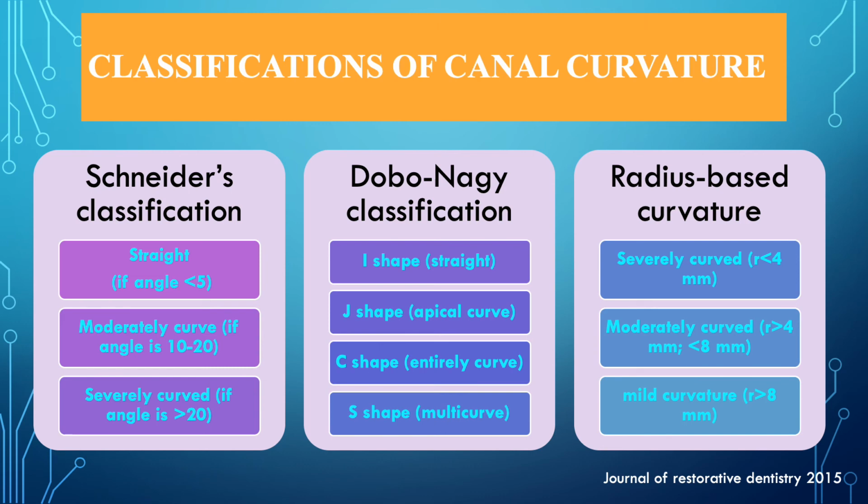Then there is the radius-based curvature, where if the radius is less than 4 mm, it is known as severely curved. If it is more than 4 mm but less than 8 mm, it is moderately curved, and if it is more than 8 mm, it is mildly curved. So that is about the classification of a canal curvature.